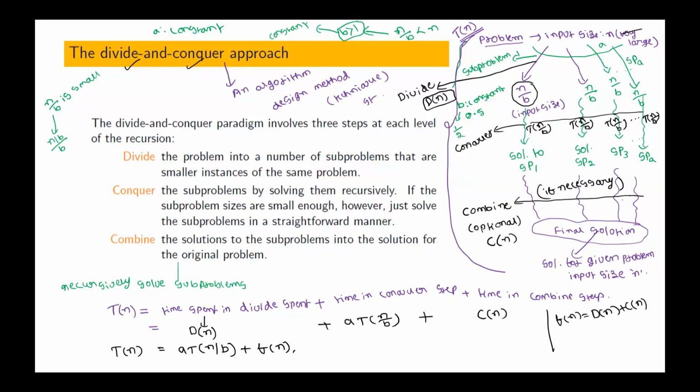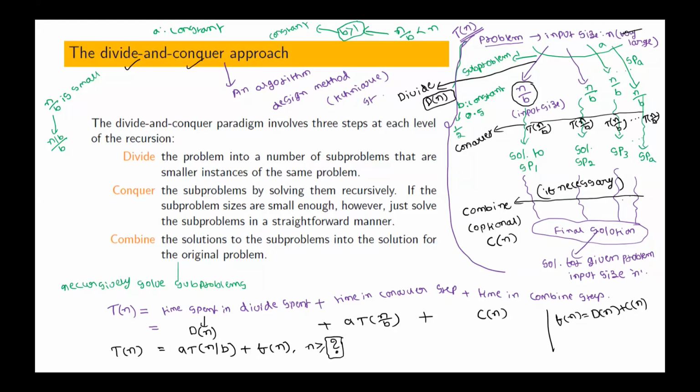So what we do is, if the input size is greater than or equal to some value, this can be 4 or 5 or 2 or 3, or 1 or something like that, then we go for dividing the problem into sub-problems and conquering and combining their solutions if necessary.